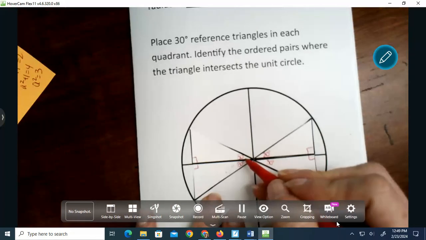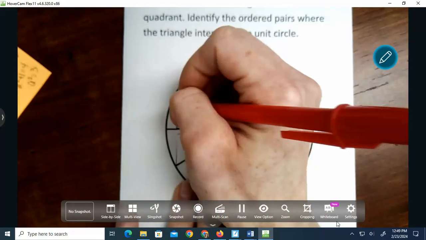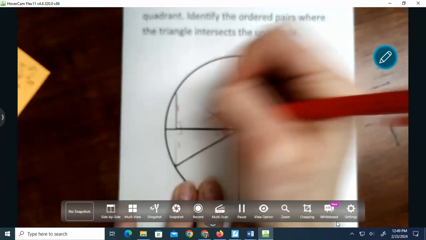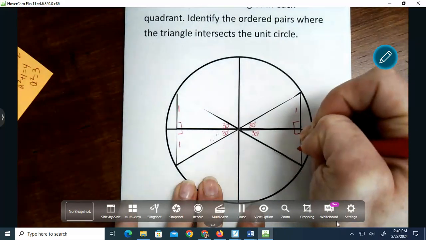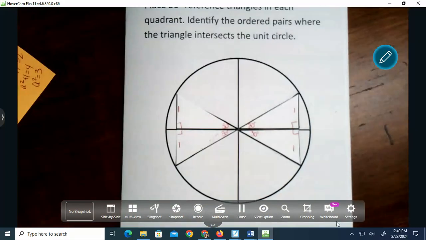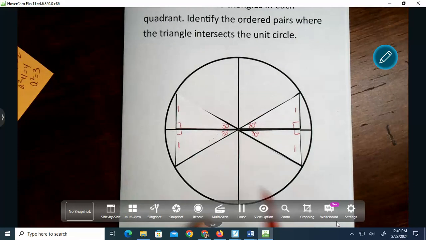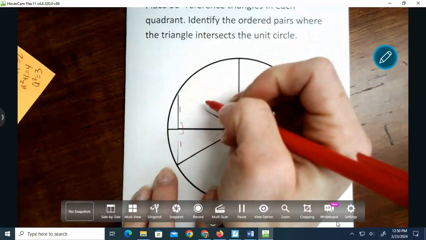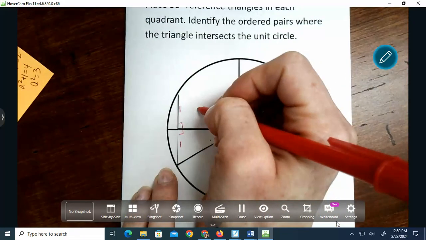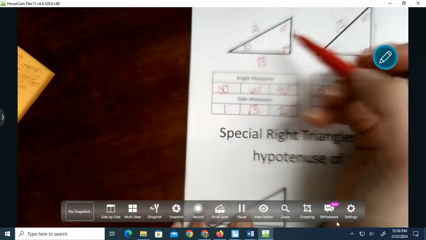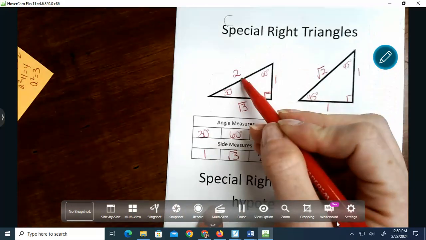So if I come across from my 30, this side has a length of 1. However, the problem with that is, then what would my hypotenuse be? It was 2 from here.